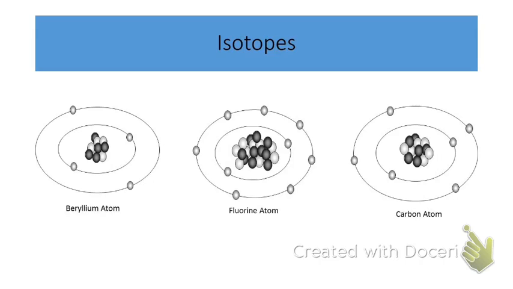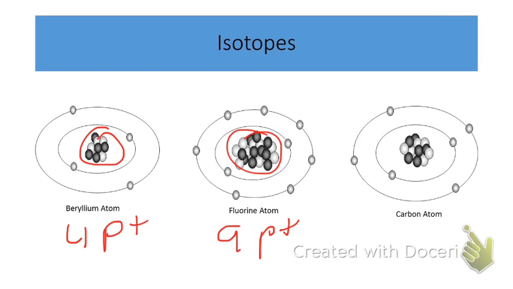That means it should have 4 protons, 4 positive charges in the nucleus. For fluorine, the atomic number is 9, which means it has 9 protons in its nucleus. Carbon, same thing. It has a total of 6 protons in the nucleus.